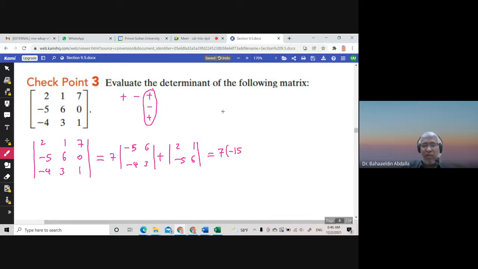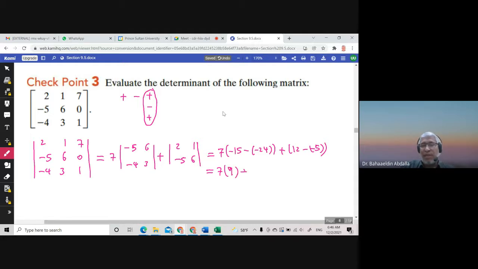Negative 15 minus negative 4 times 6, negative 24. Then plus 2 times 6 is 12 minus negative 5 times 1 is negative 5. So negative 15 plus 24 would be 9.